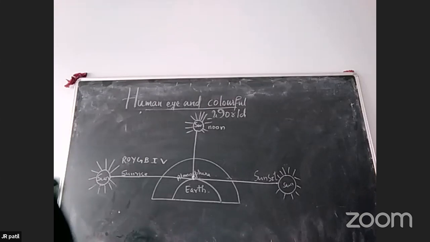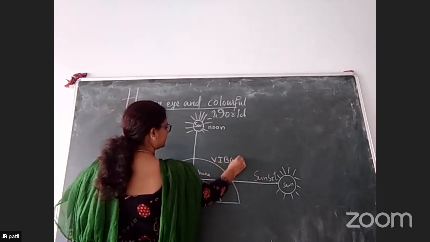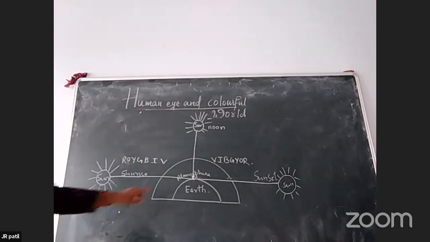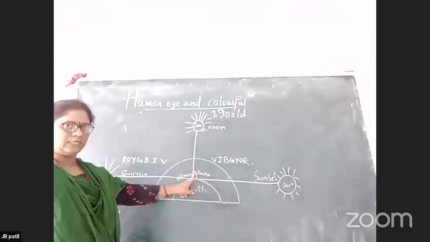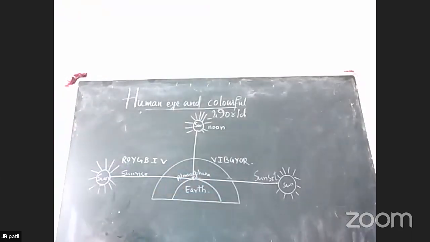I have written with gold here, yellow sunlight with gold. We are the observers standing here on the earth. This is the atmosphere. Correct?